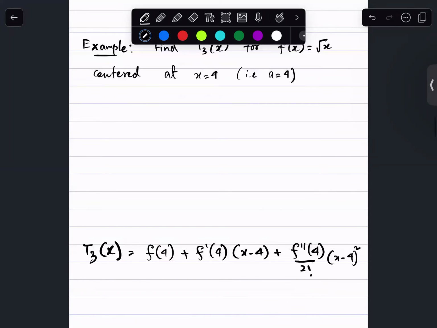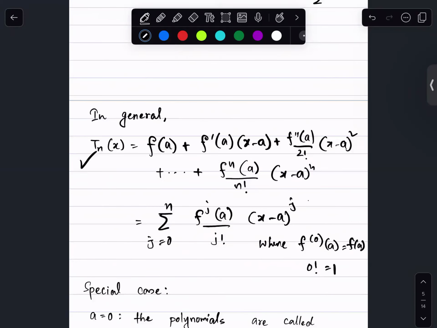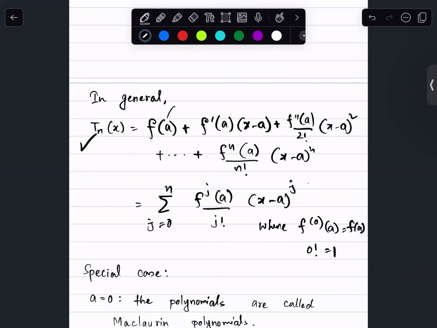The degree should be 3, so f triple prime(4) over 3 factorial (x minus 4) to the third. Basically, I use this formula, taking a to be 4, and I went till this term. I neglected all the higher degree terms because I know that my n is 3 in the given problem.